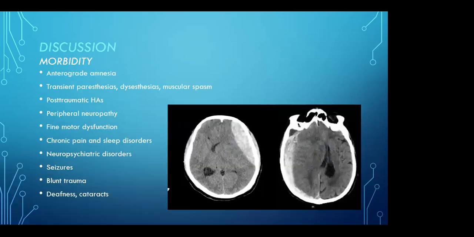The authors go into a long list of different types of morbidity that someone could suffer after this type of injury. Most of them are effects on the nervous system. So anterograde amnesia and confusion are pretty common. This can last for up to days, so they're not able to form any new memories. Patients can also get paresthesias, muscular spasms like our pregnant mom.